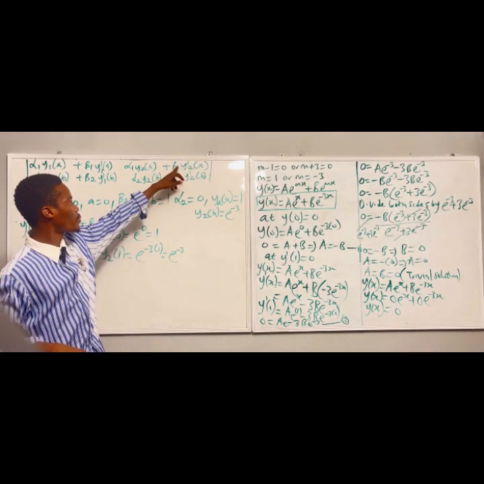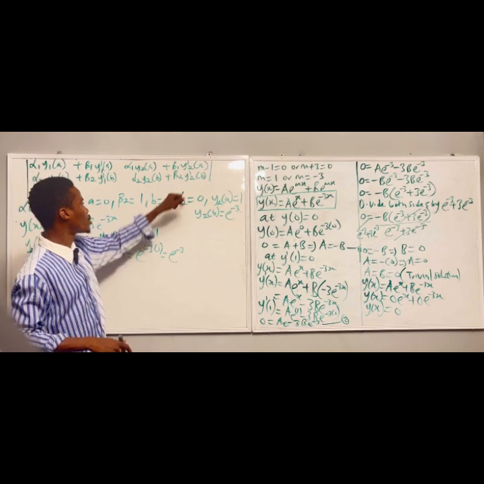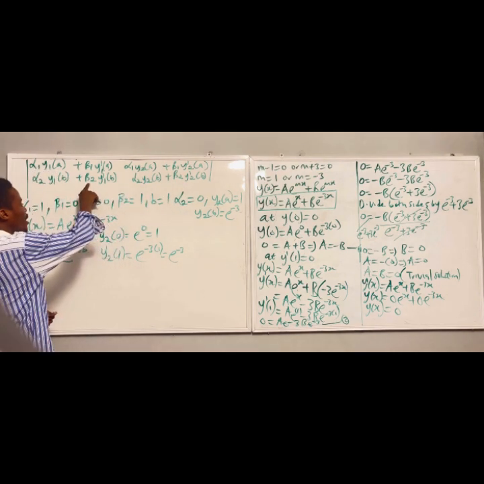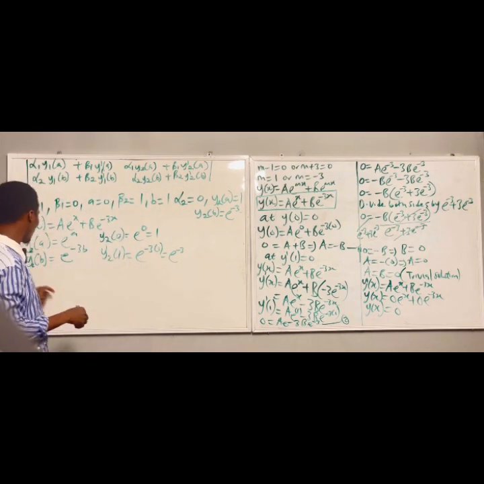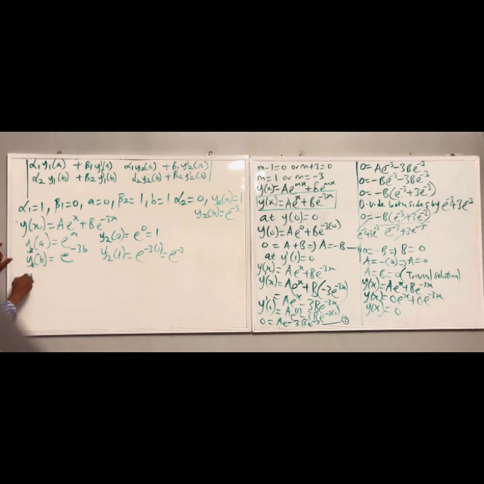And in the other, beta 1 is 1. So let us now find beta. Let me now find y2 of a prime.